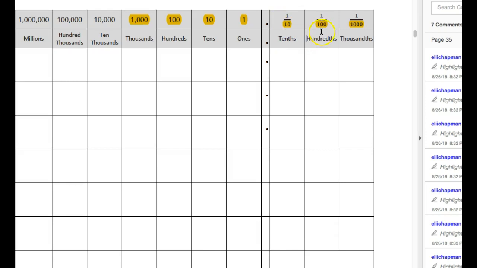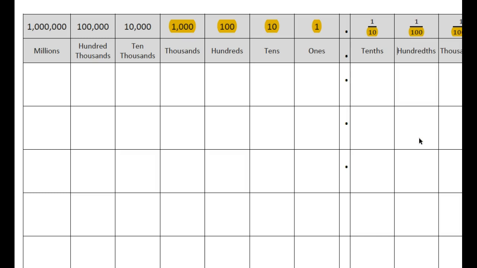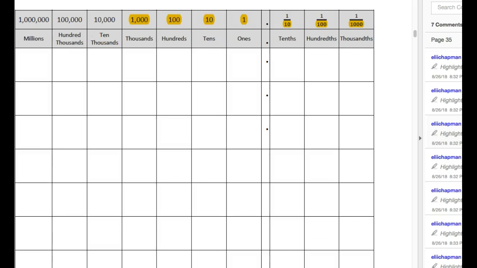So it's tenths. It's not a whole, it's just part of one. We can look over here and it's 1/100th. And then we have over on the end there, let me pull that back so you can see the whole thing actually. 1,000ths.